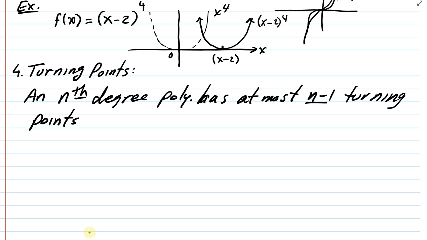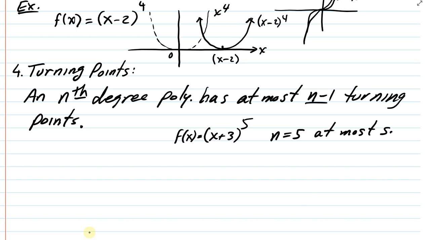So for example, suppose I have a function, let me make one up, f of x is equal to x plus 3 to the 5th power. Here the exponent is 5, so this could have at most 5 minus 1, which is 4 turning points.